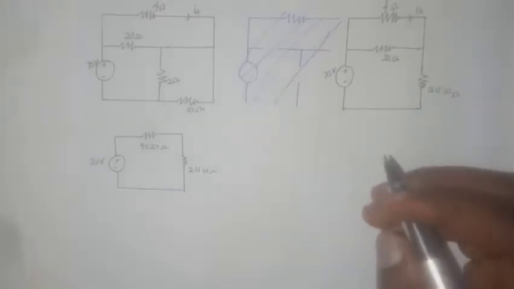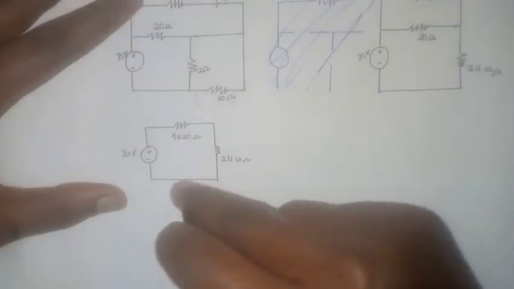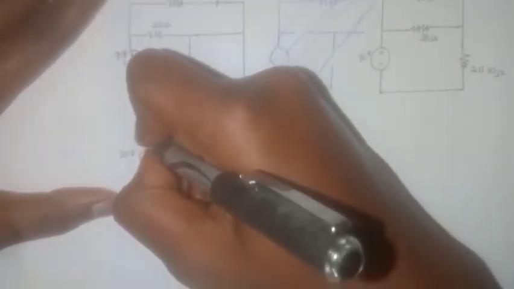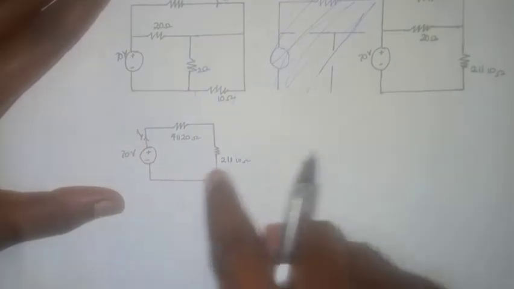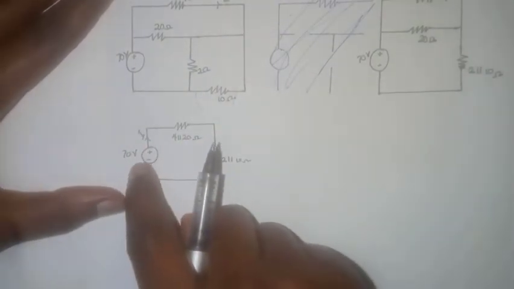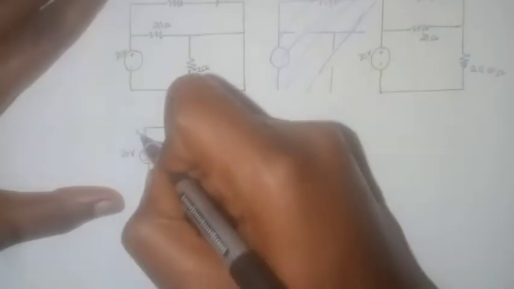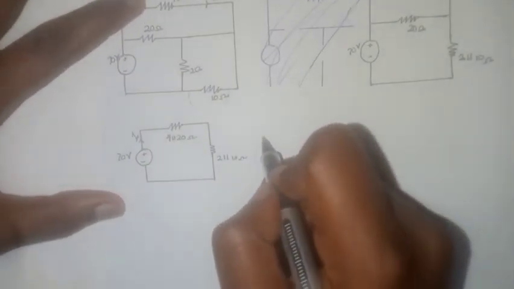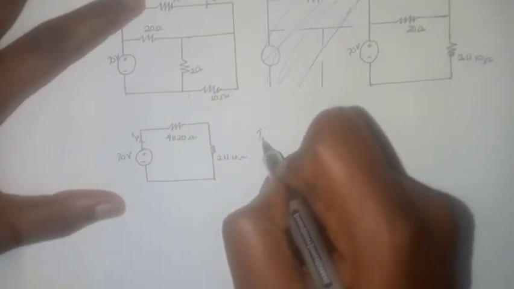Now, with this equivalent circuit, we can find the total current flowing in this circuit due to the 70 volts power source. Let's call that I1.